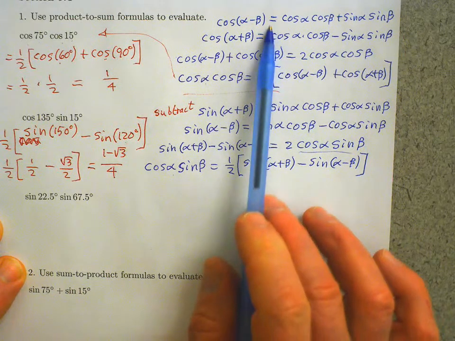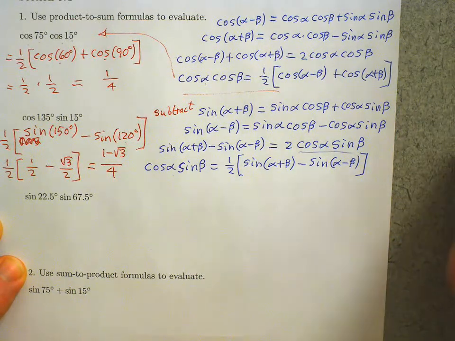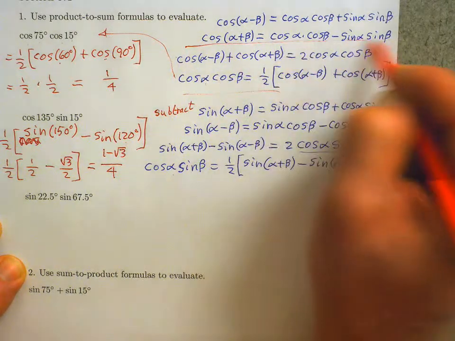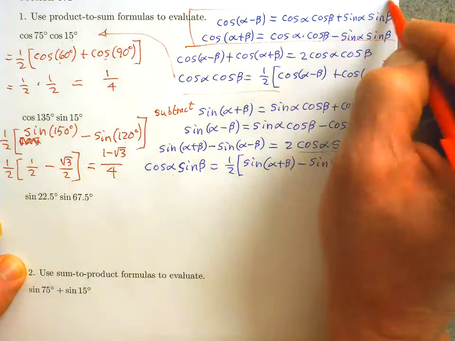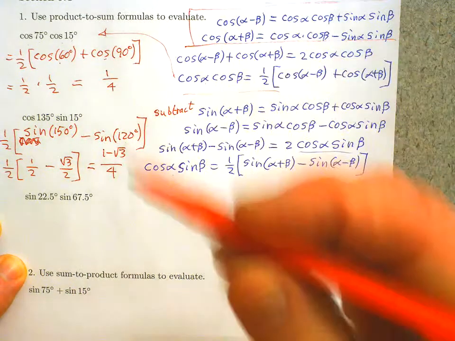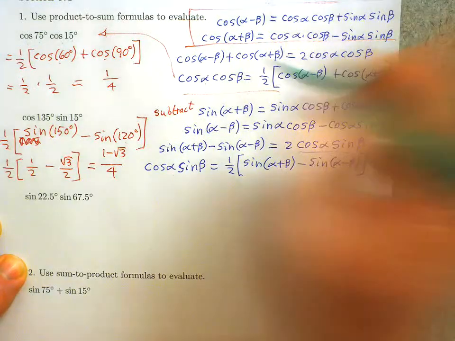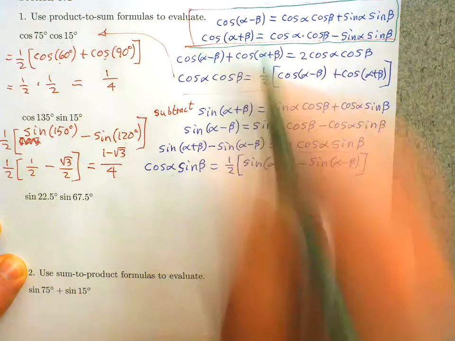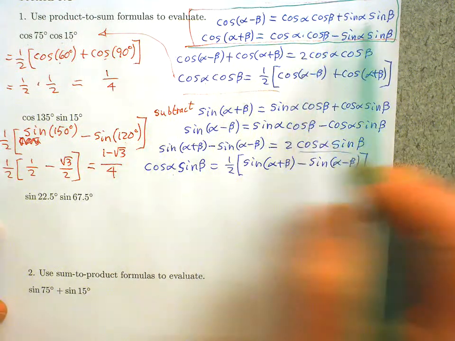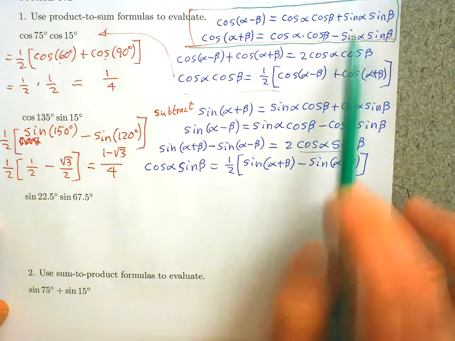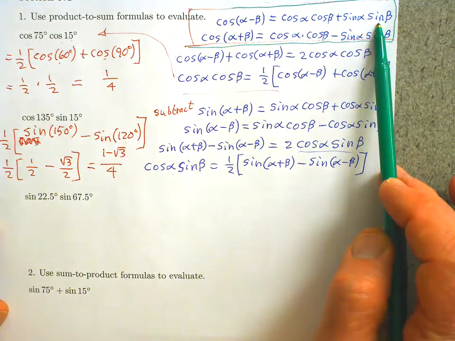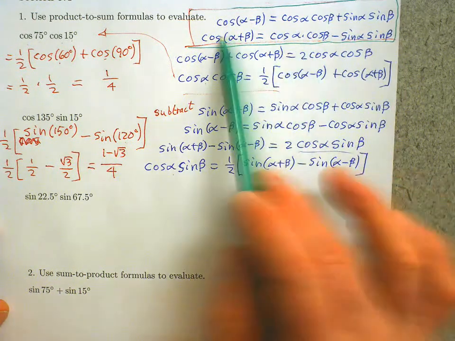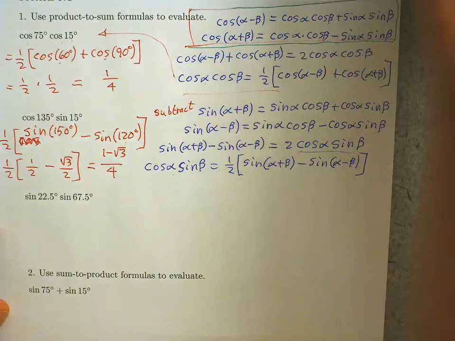So if we look back up here at these two identities, on this one, we can get sine of an angle times sine of another angle if we subtract the second equation from the first one.